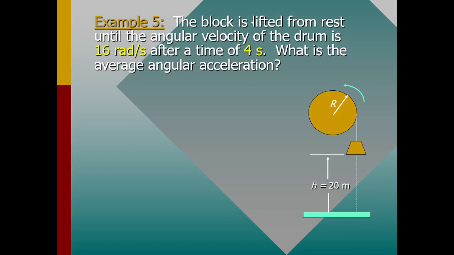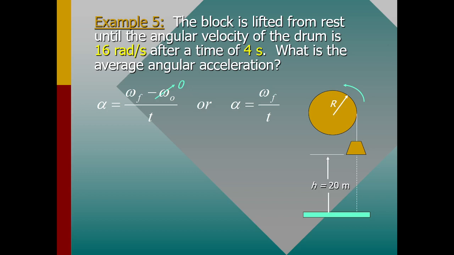The block is lifted from rest until the angular velocity of the drum is 16 rad per second after a time of 4 seconds. What is the angular acceleration? So here, I think I've explained this. You're just going to say angular acceleration, which is alpha, is equal to final angular velocity minus initial angular velocity, over time.